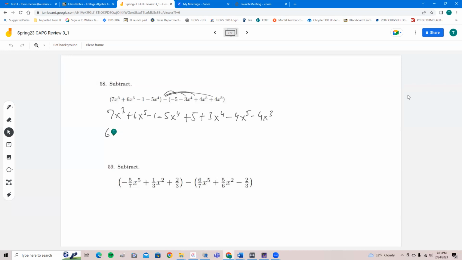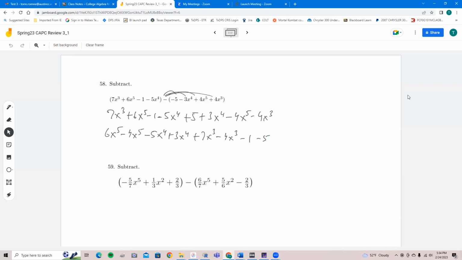So I'm going to put 6x to the fifth minus 4x to the fifth together. And then I'll have minus 5x to the fourth plus 3x to the fourth together. And then 7x cubed minus 4x cubed together. And then minus 1 and a minus 5.